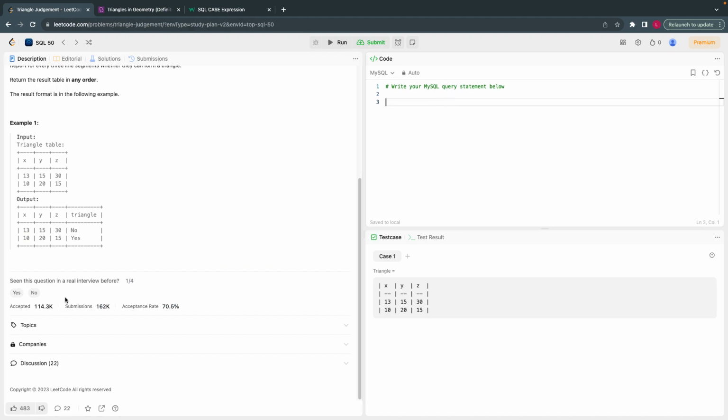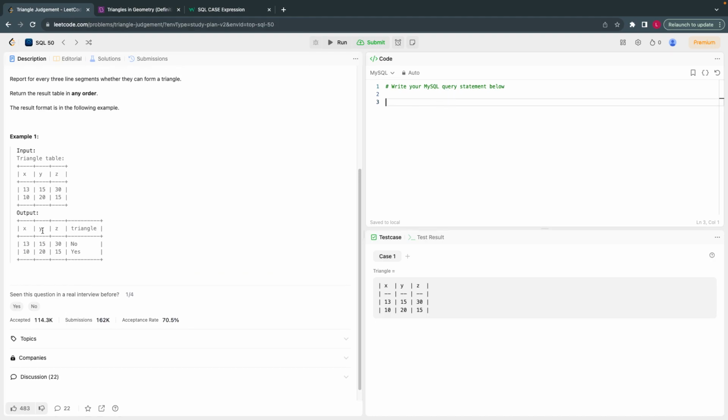Let's write it here. They're asking us for x, y, and z and triangle. So x, y, and z is common, so I'll simply select x, y, z.